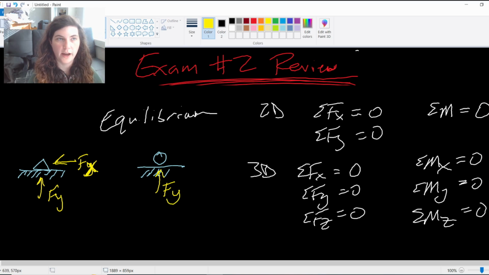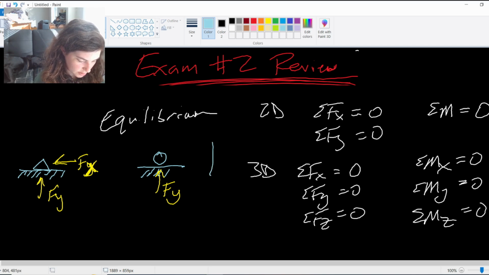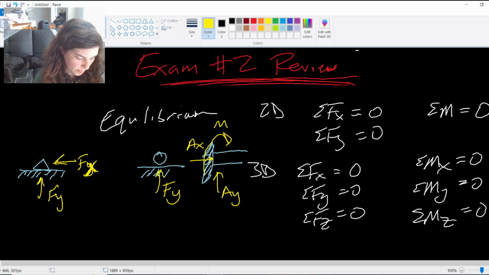Just one in the y direction. Or that a fixed reaction, right? A fixed reaction, say against a wall or something. At a fixed reaction, you have the y, x, and a moment reaction. Right, so you have all three. So those are important to know, as well as the ones in 3D.